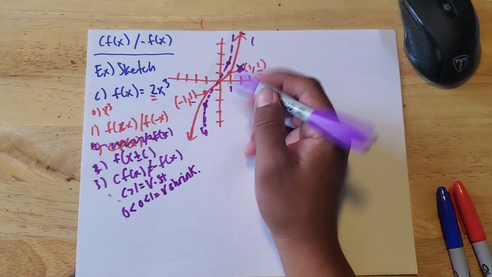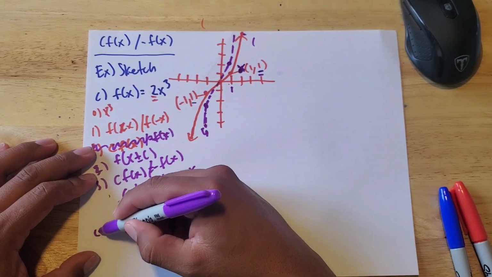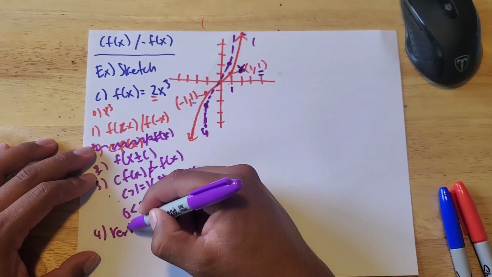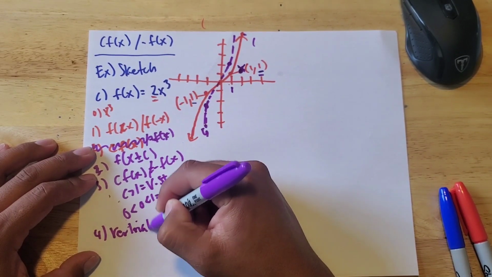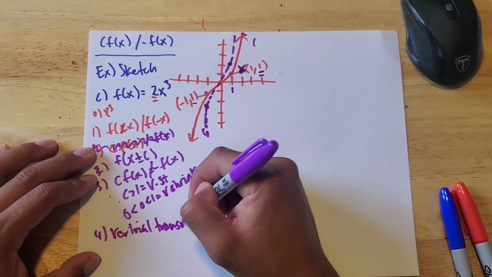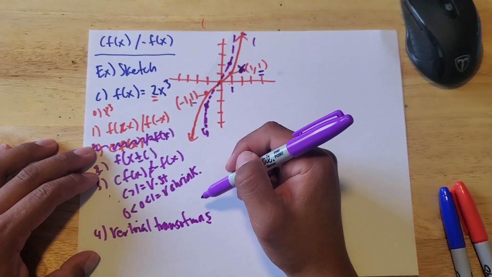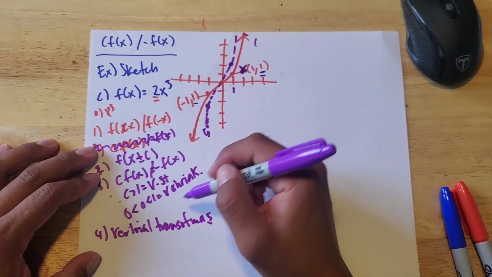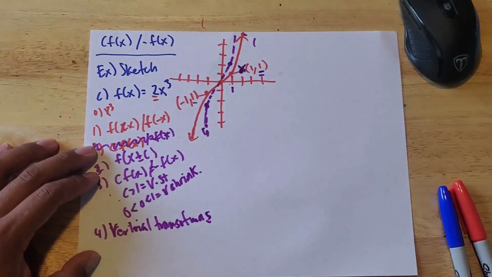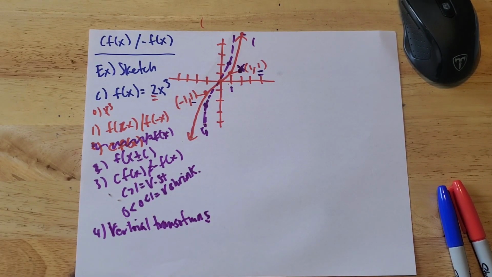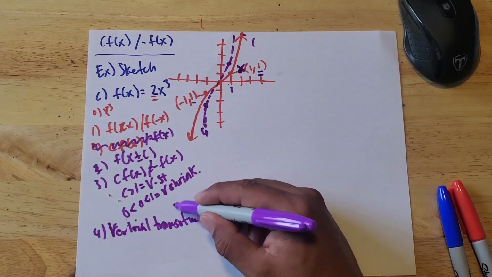And lastly, we're trying to see if there's any vertical transformations. So vertical transformation, they also like to call it a vertical shift.